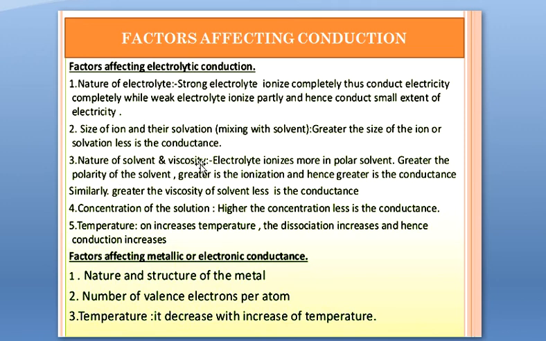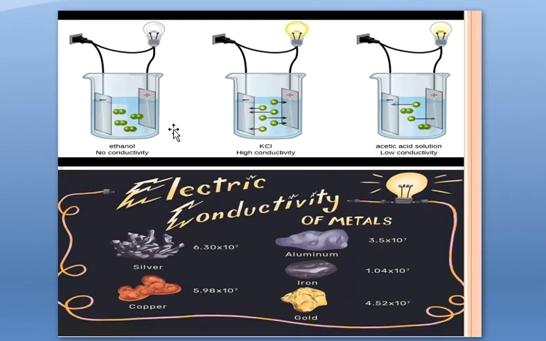Nature of the solvent and viscosity. Electrolyte ionizes more in polar solvent. If you are taking an electrolyte, you mostly take a polar solvent. The more polar your solvent is, the more its conductivity will increase. And viscosity has a reverse effect on conductivity. The more viscous the solvent, the lesser will be the conductivity.